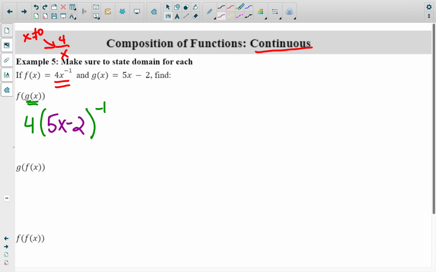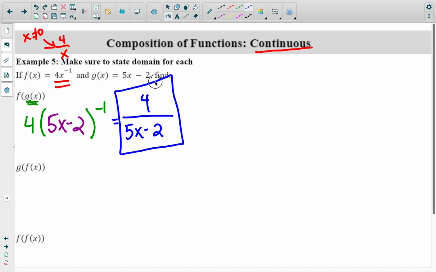Now let's ask ourselves real quick, what are we able to plug in for x right now? Right, that's going to be our long-term thing, okay? Notice that this negative first exponent is only going to the 5x minus 2, meaning we want to send that quantity to the denominator. And our 4 will stay in the numerator, okay? So this is our function. This is our f of g of x function.